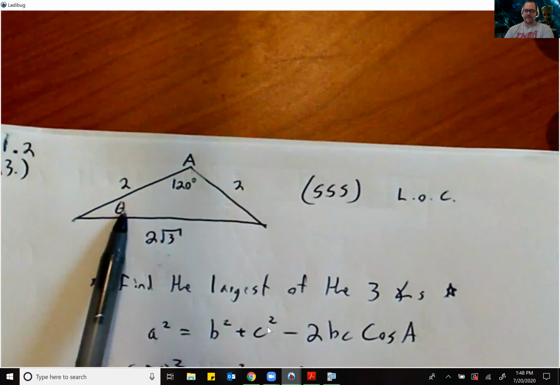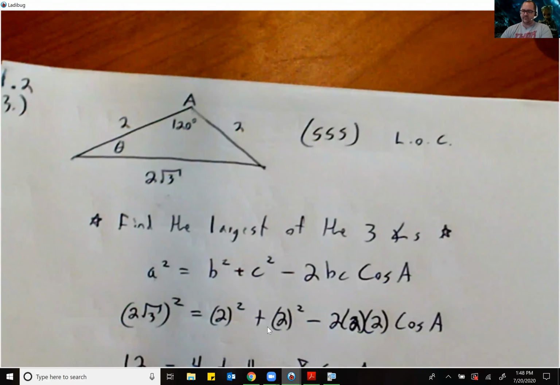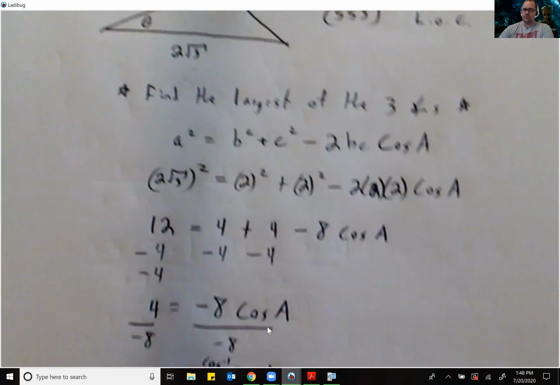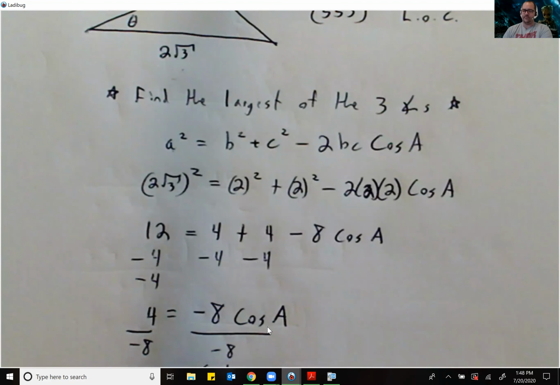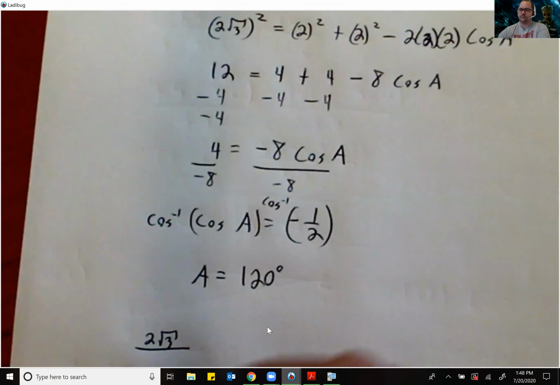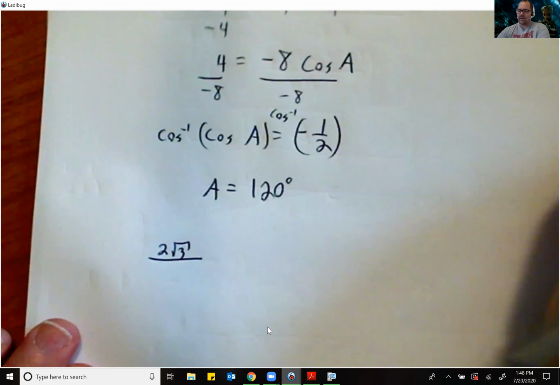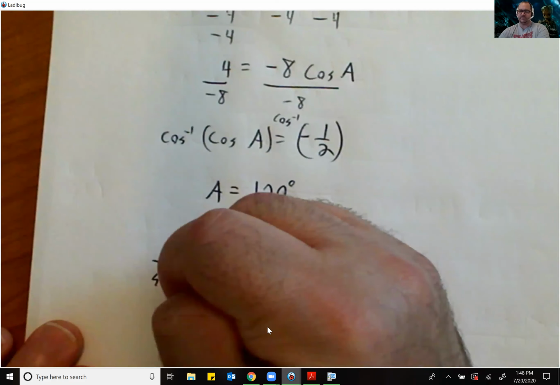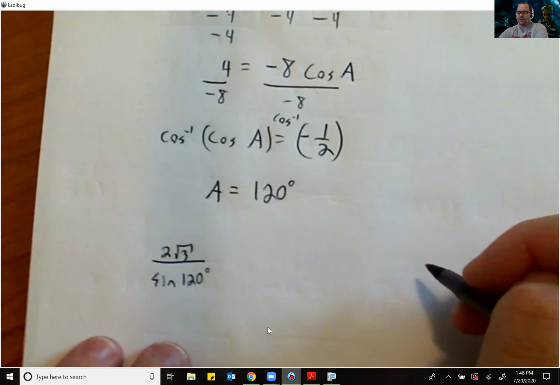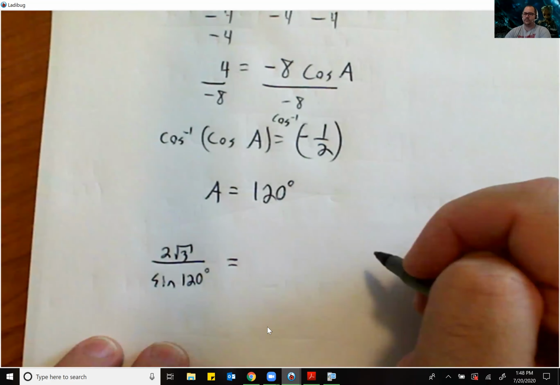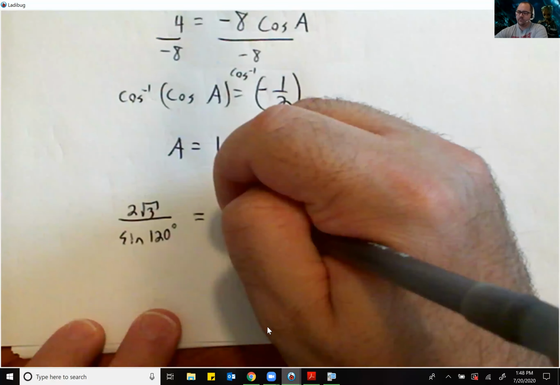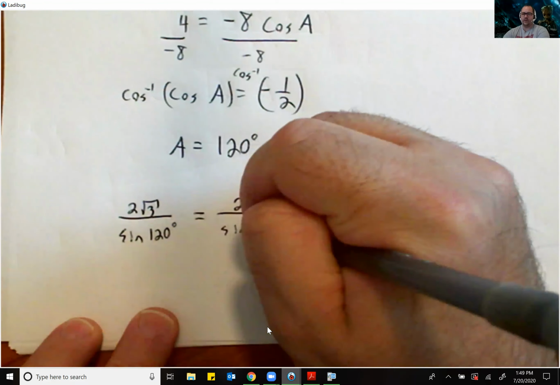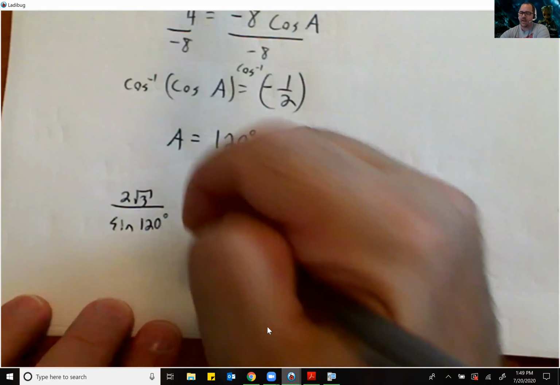Just use law of sines. So we're going to have 2 square roots of 3 over sine of 120 degrees equal to 2 over sine theta. All we got to do is a little bit of cross multiplying.